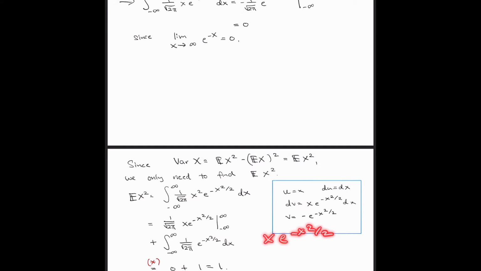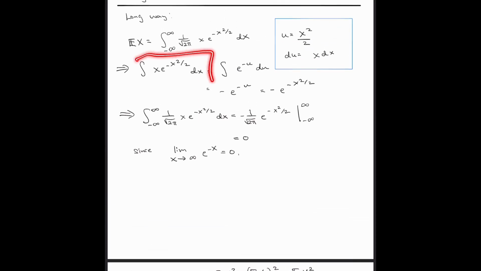Again, we're going to ignore this 1 over square root 2 pi. And if we let dv equal x e to the minus x squared over 2 dx, then this is actually the integral that we just did above. So this gives us that v equals minus e to the minus x squared over 2, because we did that over here.